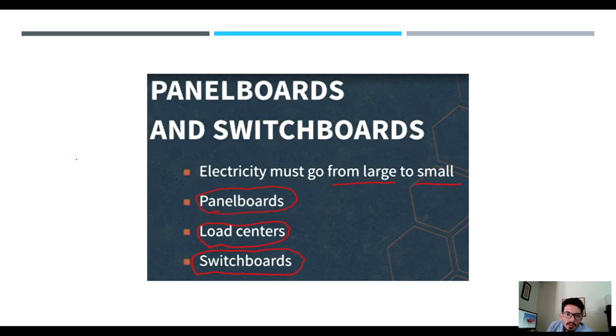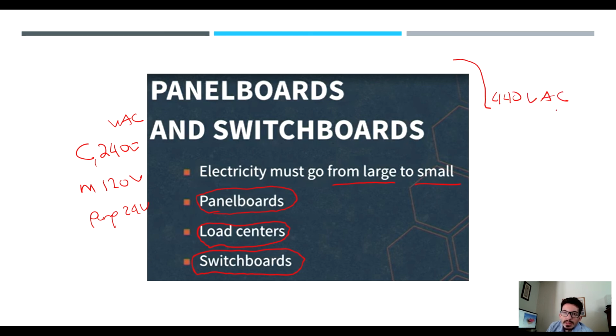So in other words, if you have an application where you're using a compressor at 240 volts, and you have a motor at 120 volts, and you have a pump at 24 volts, all this is volts AC. Then say you're having a line with 440 volts AC going to your building, then a transformer outside of the building, or it could be much higher actually.